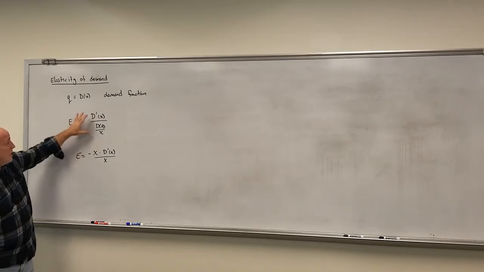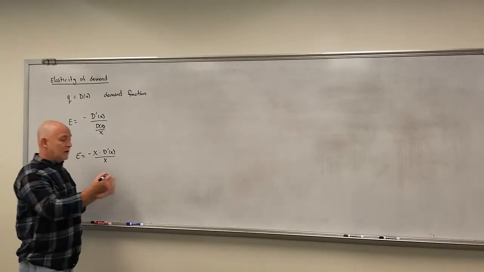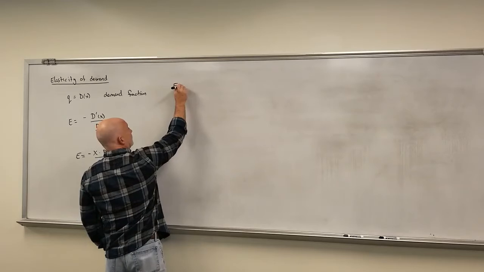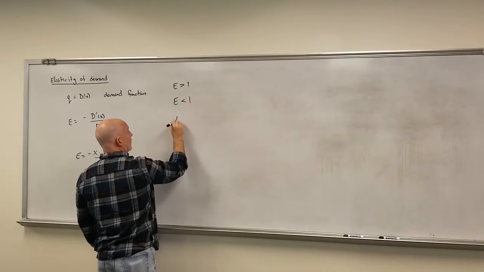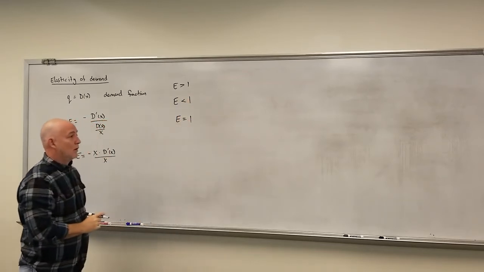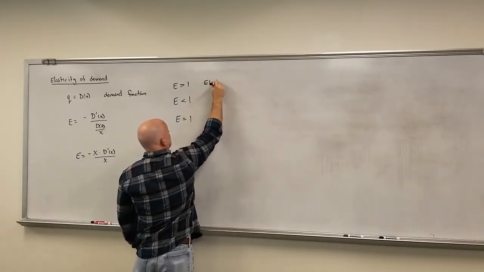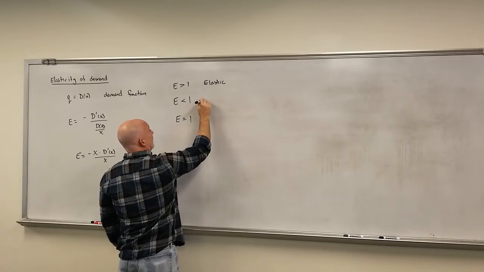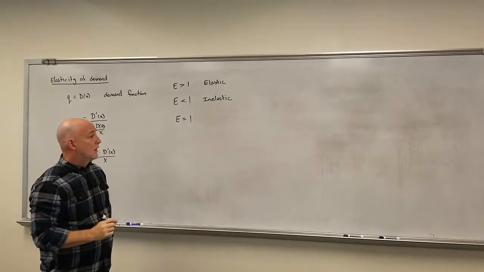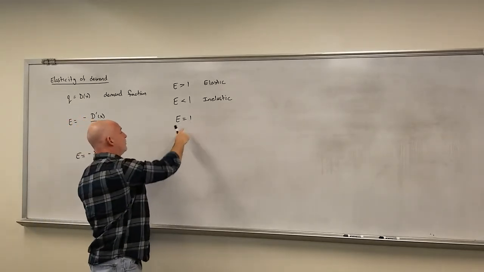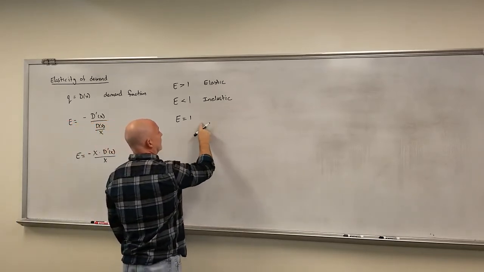But here's the idea. We have this ratio here. This value comes in three different ways that we can answer it. Either E is going to be greater than 1, E is less than 1, or E is exactly 1. If E is greater than 1, we say that this is elastic. If it's less than 1, it's inelastic. And if E is equal to 1, that probably has a name. Off the top of my head, I can't remember what it is.